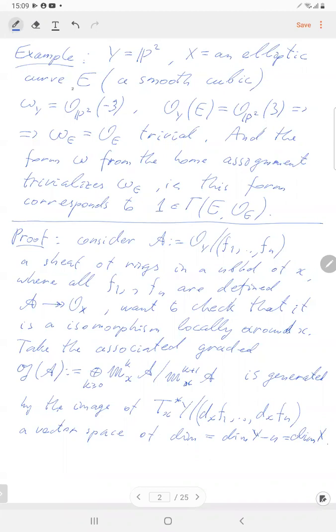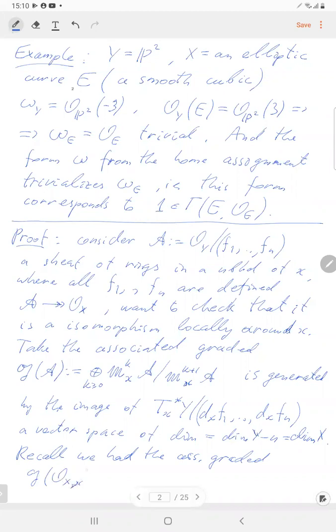Okay, but on the other hand, we know that if we apply this associated graded procedure to the ring of functions on x, as we did last time, so recall we considered maybe even a week ago, the associated graded G of the local ring like this.